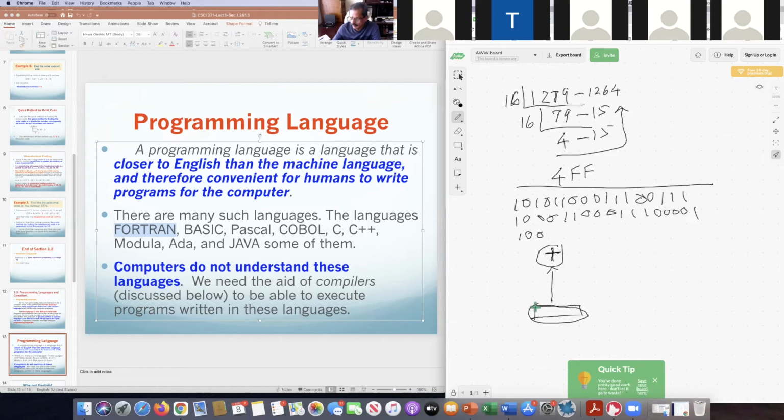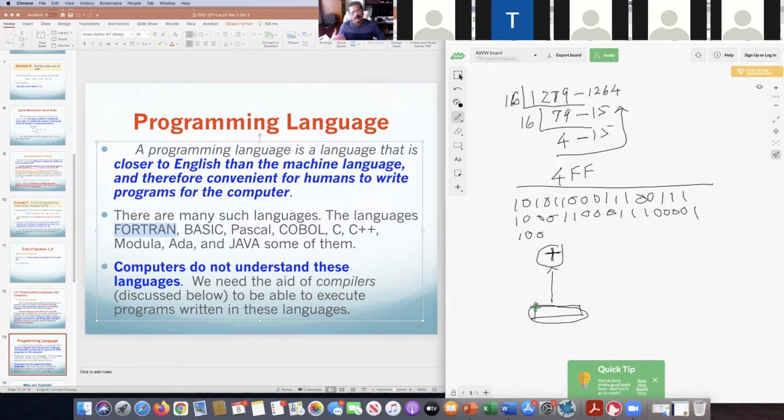For every symbol or English word we use in the C or C++ language, there's a corresponding machine code. So a computer program can be written to write the machine code for each word we write in our C++ language. That's what we call a compiler. A compiler is a translator.